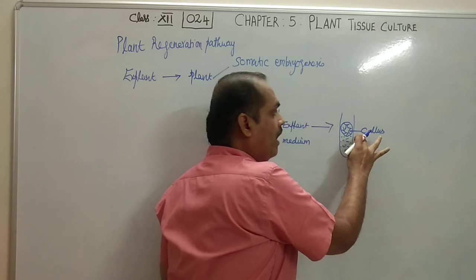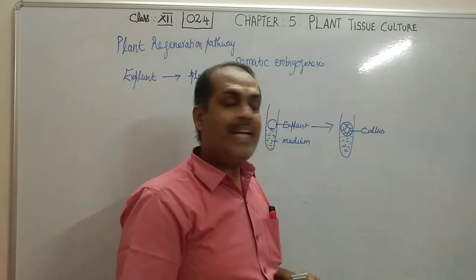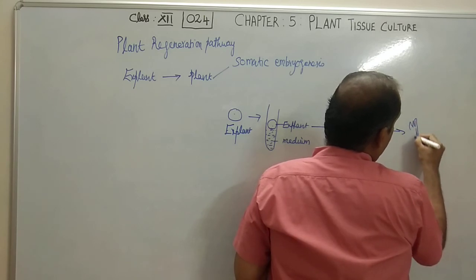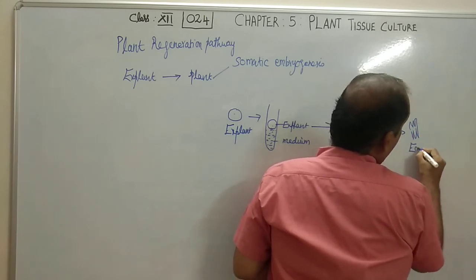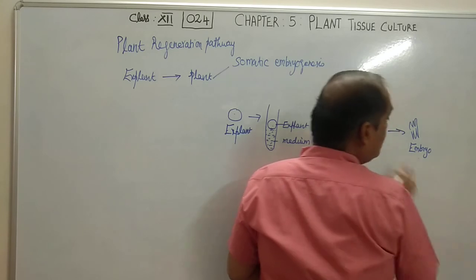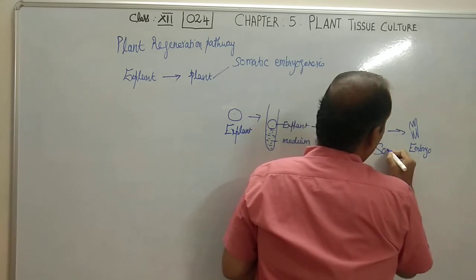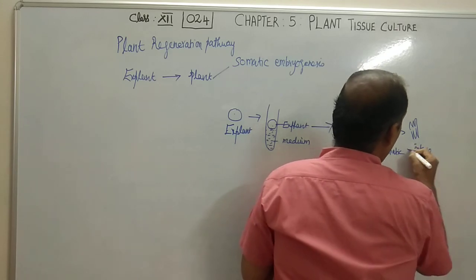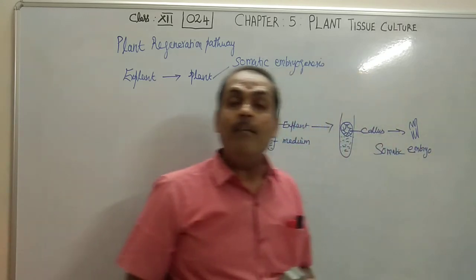So from the callus, if an embryo is developed directly, this is the embryo. This embryo is called a somatic embryo. You should not call it an embryo, but you should call it a somatic embryo. Why are we calling it somatic embryos?